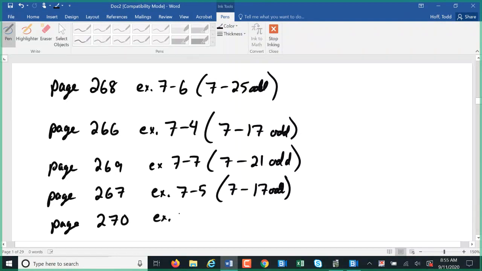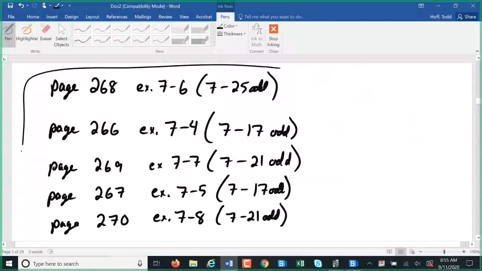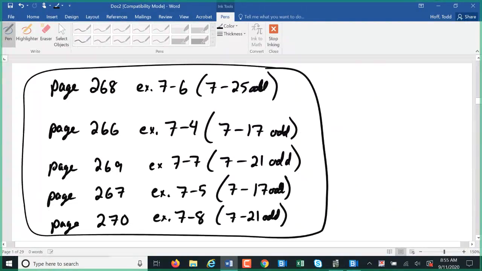And finally, page 270, exercise 7-8, 7 through 21, the odd. So I'll let you guys have the last 24 minutes or so to get started on those. I'll be online here to answer any questions you might have. Big book, right? Big book, yes.